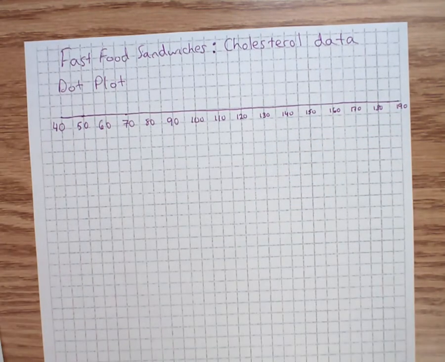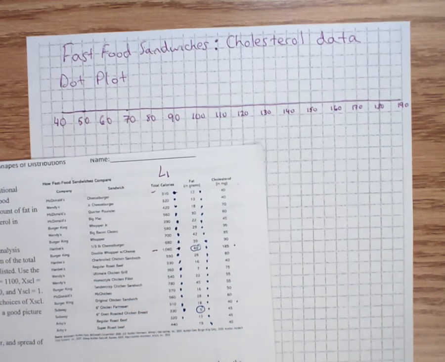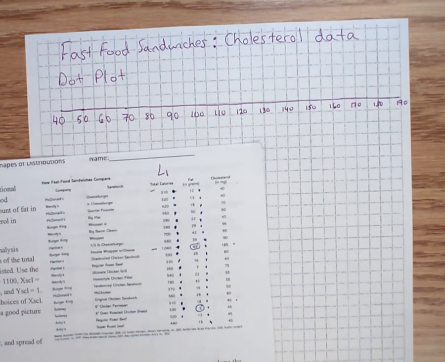So again, it's just like a number line. So when you go through this data, here, I'll give you a second or two to finish out that number line, but it shouldn't take very long.